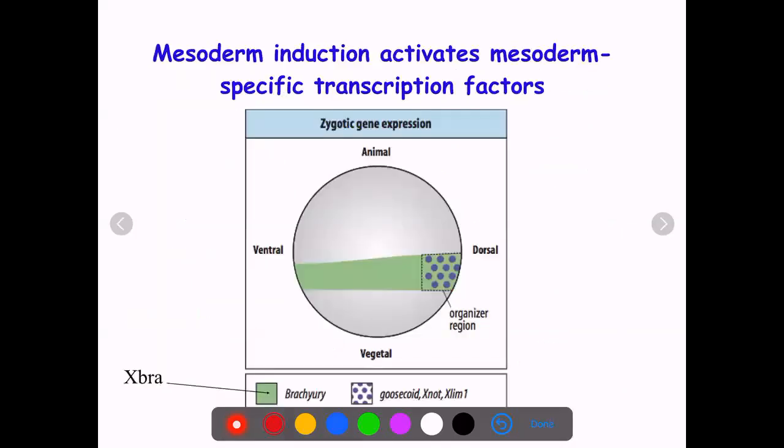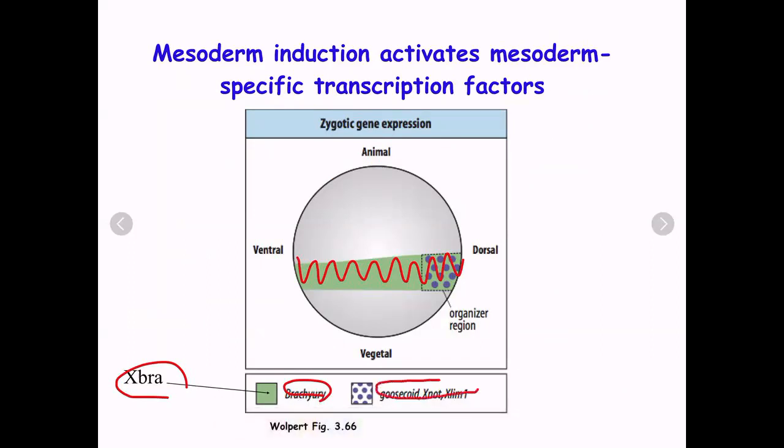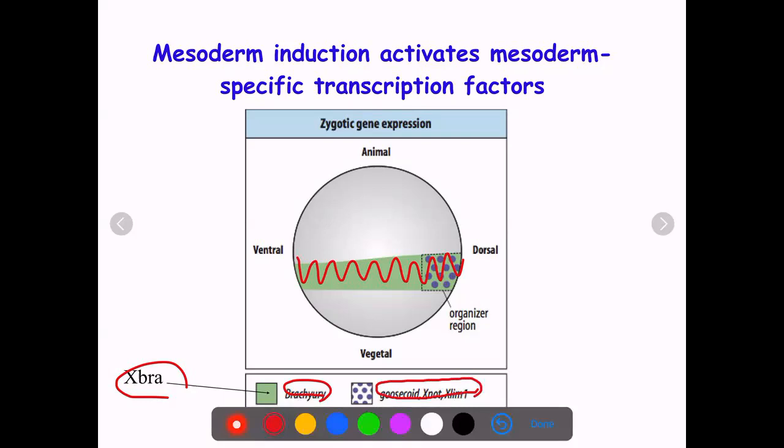Okay, so after mesoderm is induced, all mesoderm will express the transcription factor Xbrachyury. And then on the dorsal side, on top of this brachyury, they'll produce goosecoid, Xnot, and X-Lim1. These are all transcription factors.